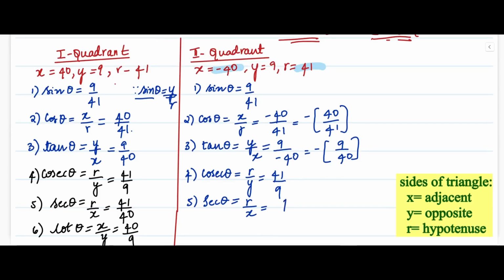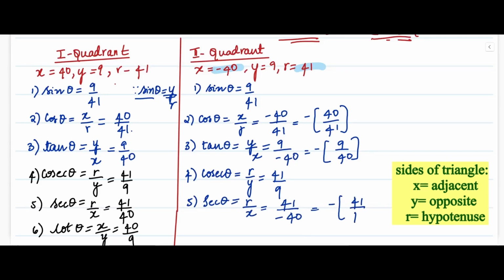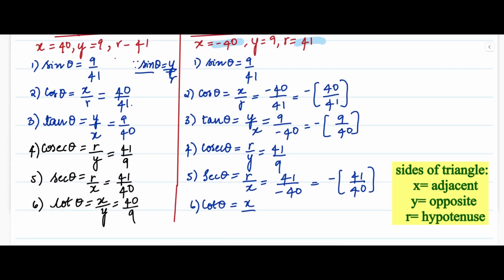We will get 41 divided by minus 40, which can be written as minus of the entire fraction, that is 41 by 40. And the last trigonometric function is cot theta. Definition is x divided by y. X here is minus 40 and the value of y here is 9. We will get minus 40 divided by 9, which is equal to negative of the whole fraction, that is minus 40 by 9.